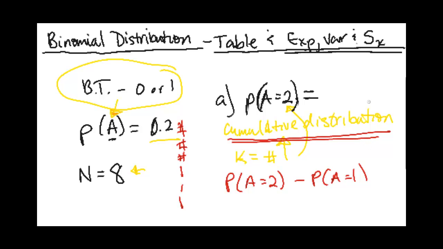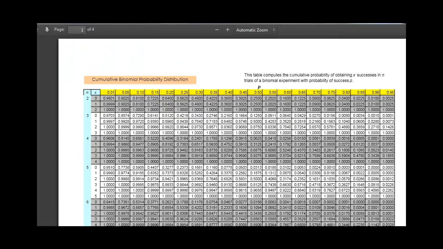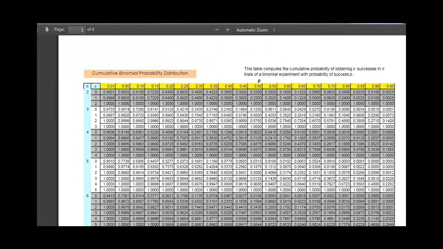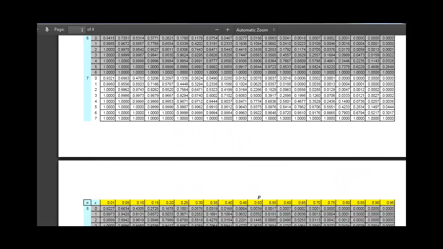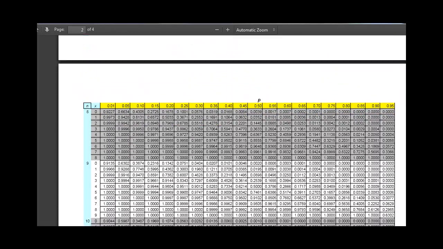So in this case, we look at the table associated with 8, go to the column with 0.2, and look up the X or K values of 1 and 2. Let's do that here. We have a PDF table already set up for us. There's the 8 table coming up on your screen.